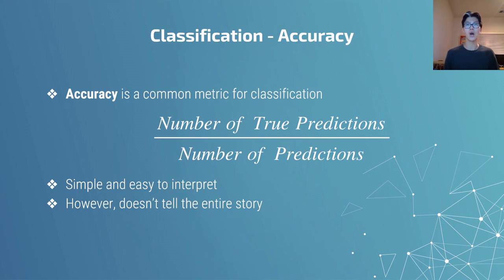It is a common metric that involves the number of true predictions divided by the total number of predictions. And so this tells you how many of the predictions you got right. This is simple, it's very easy to interpret, but like mean absolute error, it doesn't necessarily cover the entire picture.